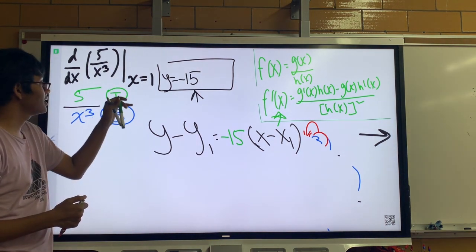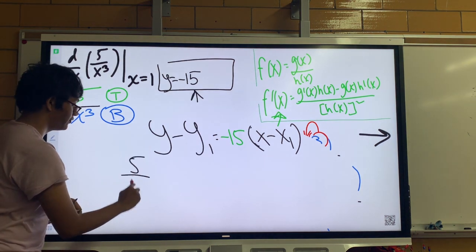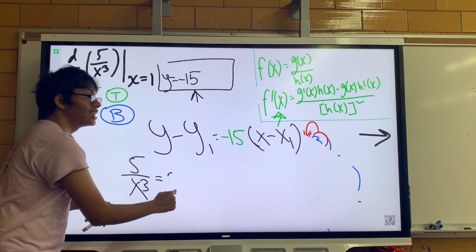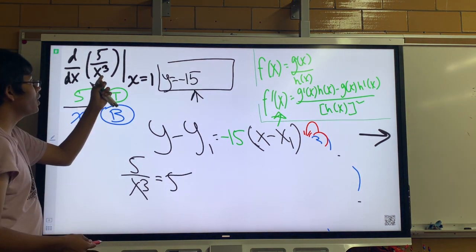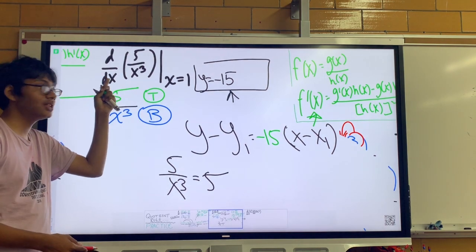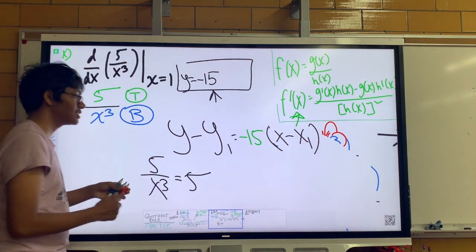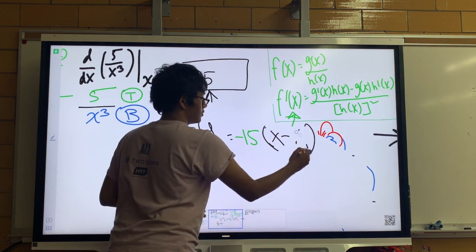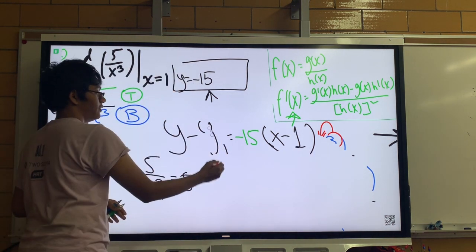We can simply plug in positive 1 into our original function, 5 over x cubed. If I plug in 1 here, I'll simply get 5. So that means my x1 is 1 and my y1 is 5.